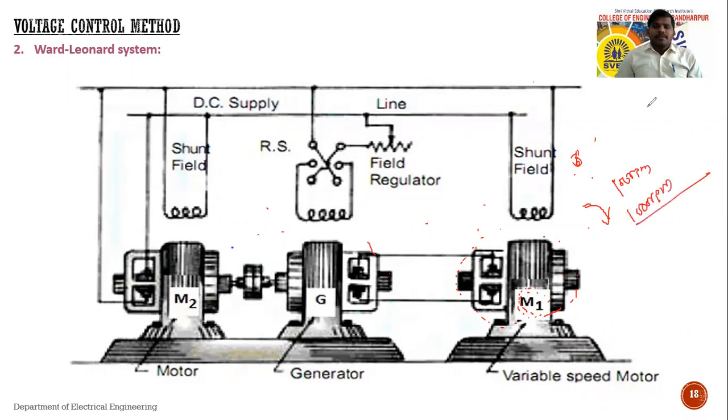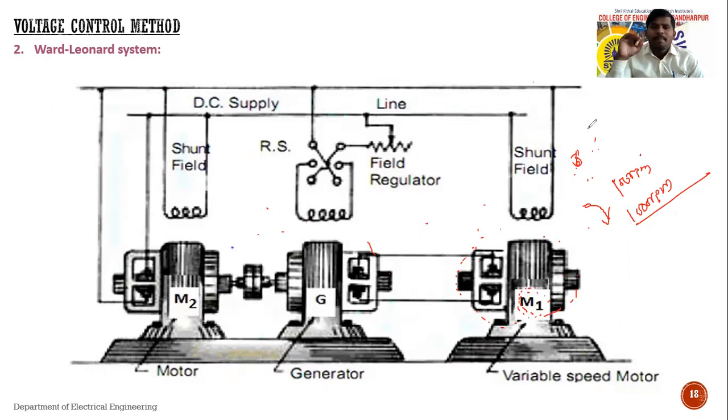So see, at that situation, if I use the Ward-Leonard system, it is applicable where large size machines are present. जिथं large size च्या machine आहेत, for those large size machines the setup can be used like a motor generator set, or we can call it an MG set.